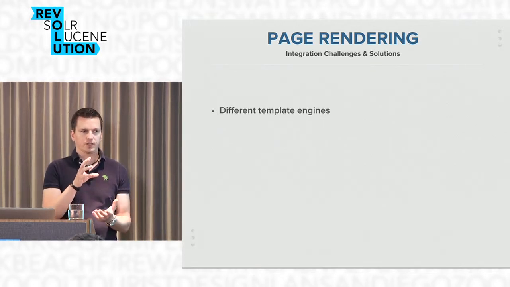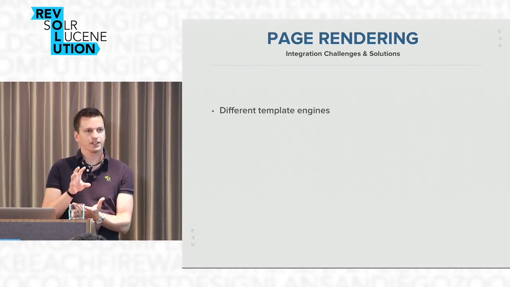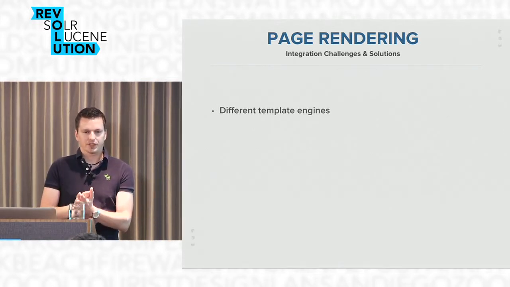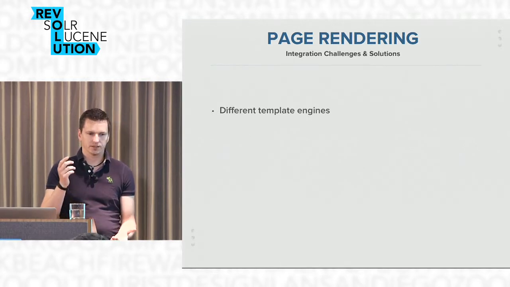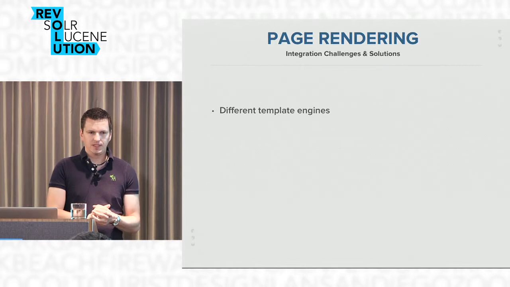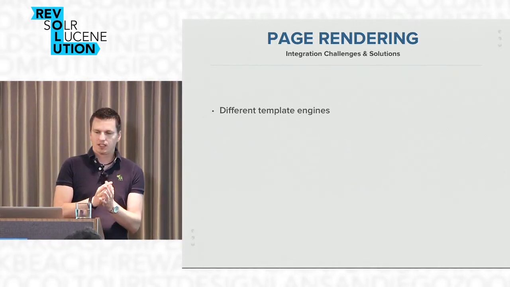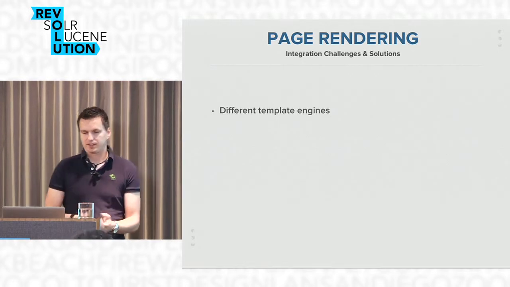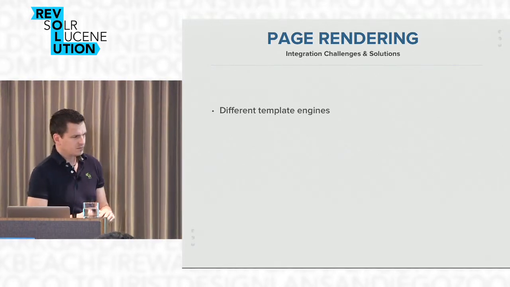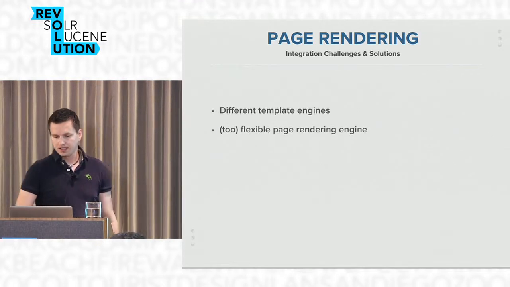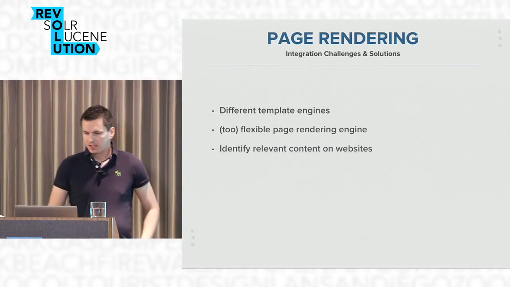You could have the complete set of content elements taken from a different page. You could generate content dynamically. You could have elements on a page that are reused on all the pages. So it's a bit hard to find out what's the relevant content that you actually want to index.